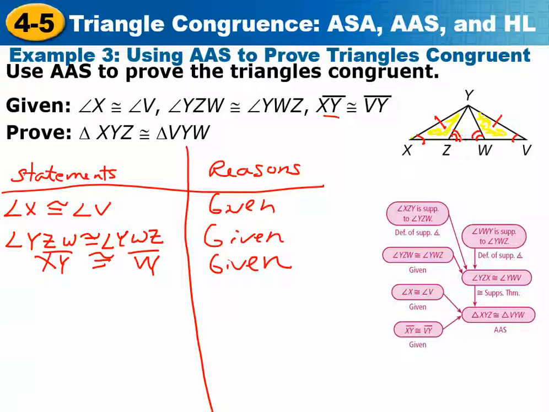If angle YZW, this one, is congruent to this one, and there's a straight line there, I've got to get a different color here. We have that angle YZW would be supplementary with this angle, and YWZ would be supplementary with this angle.